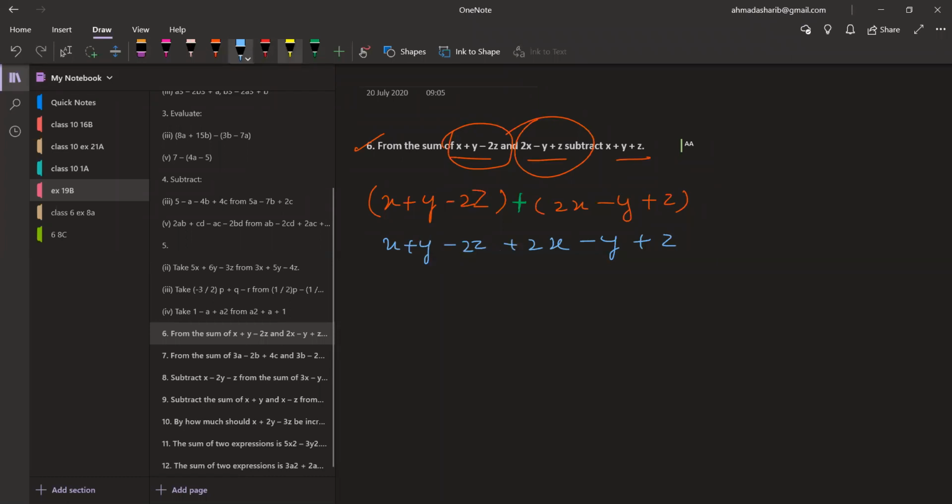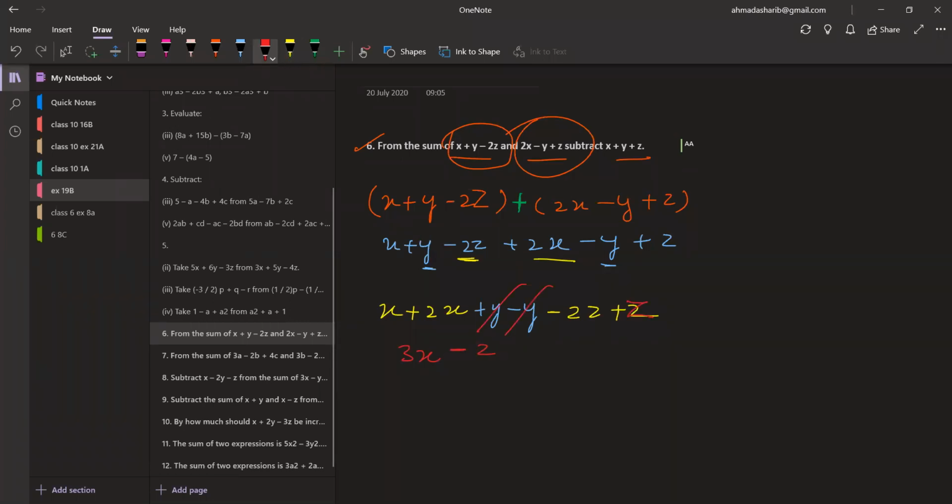So now write like terms with each other, x plus 2x, and then plus y and minus y, and now write the z terms, minus 2z plus z. So finally x plus 2x is 3x, y minus y cancel, minus 2z plus z is minus z.